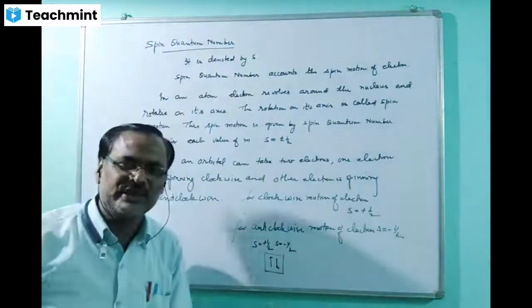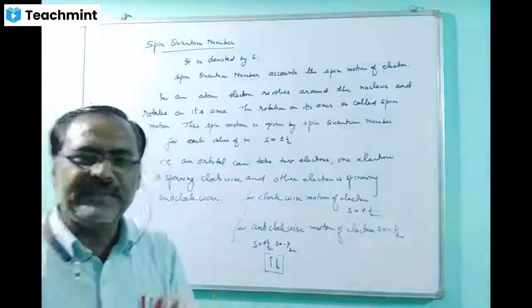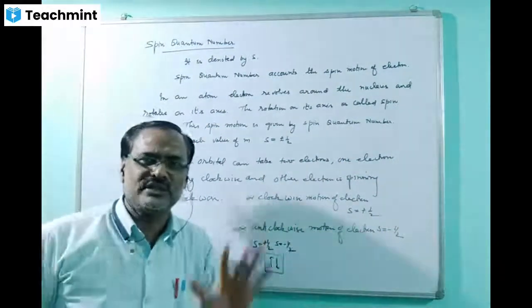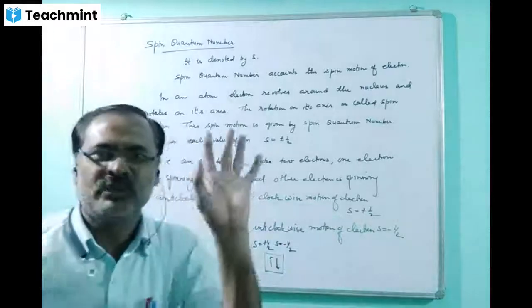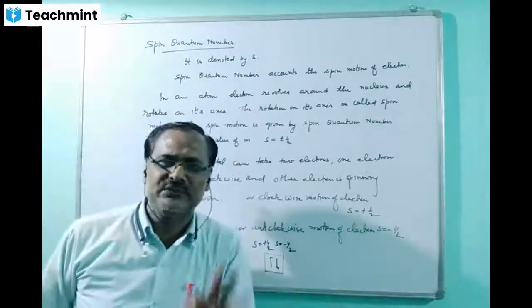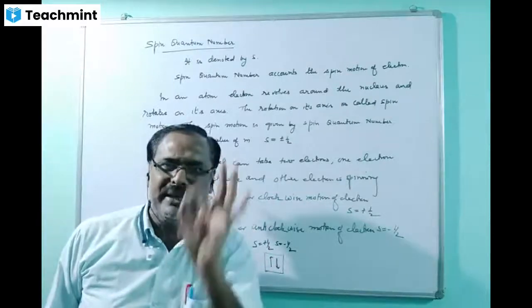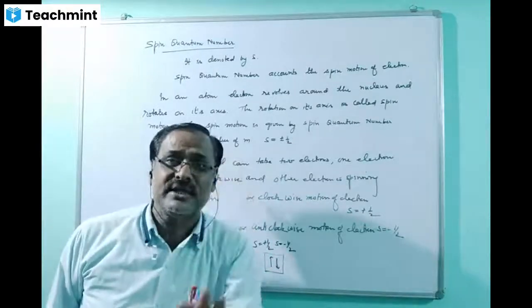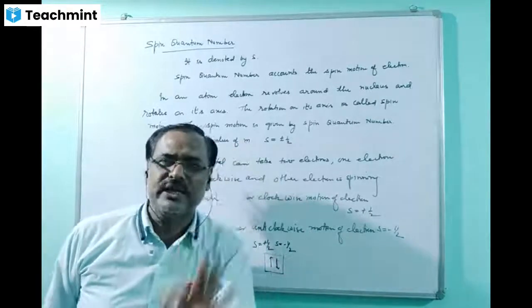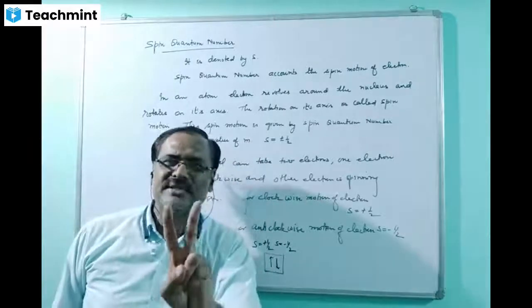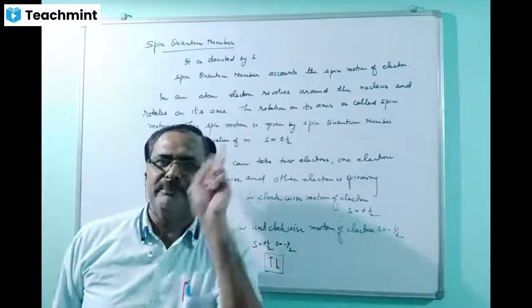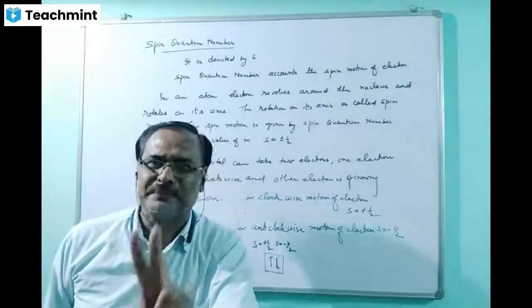So now just you see, you have completed all the quantum numbers. First of all, the principal quantum number. What information you are getting from the principal quantum number? It gives the shell, main shell, principal shell in which electron is present. Then the azimuthal quantum number describes the subshell.